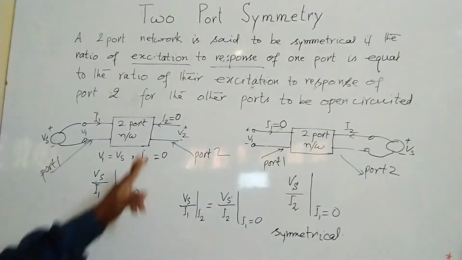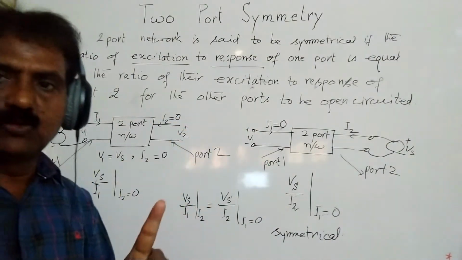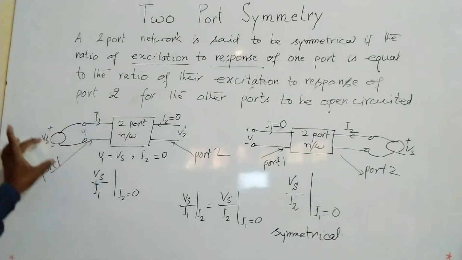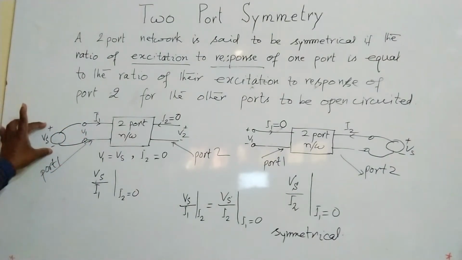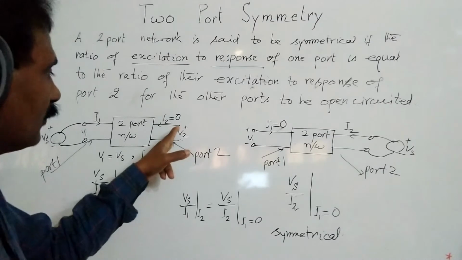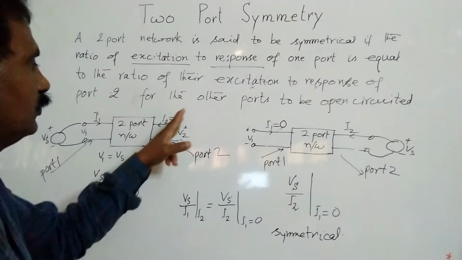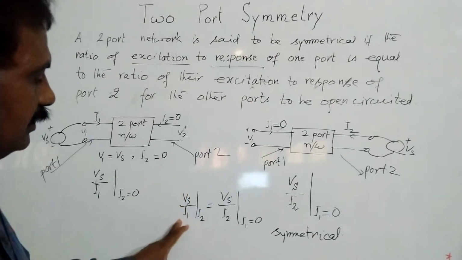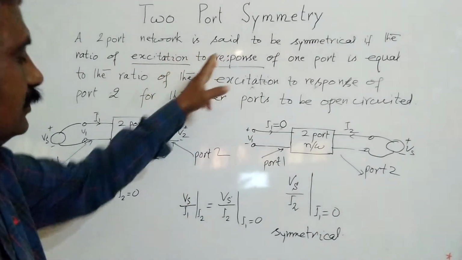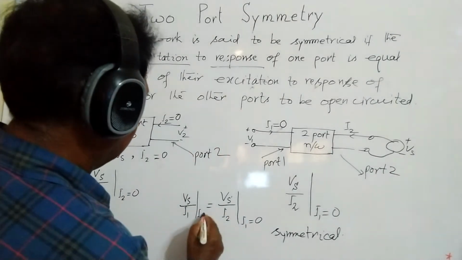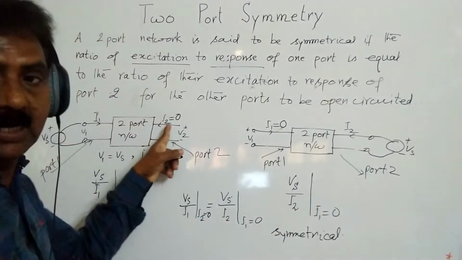If we have the same two-port network, and at one port we connect a voltage source Vs and make the other port, port 2, open circuited, we obtain the ratio of Vs and I1, that is excitation to response, keeping I2 equal to 0.